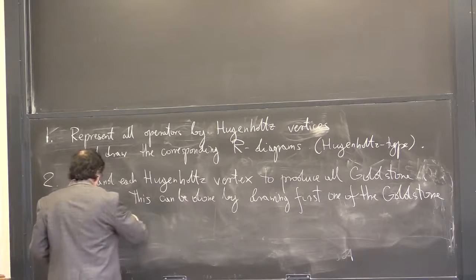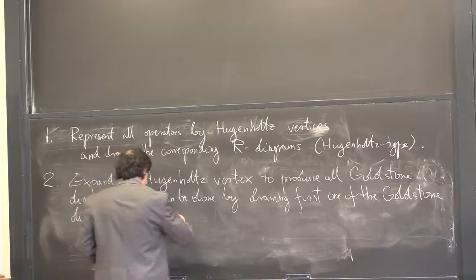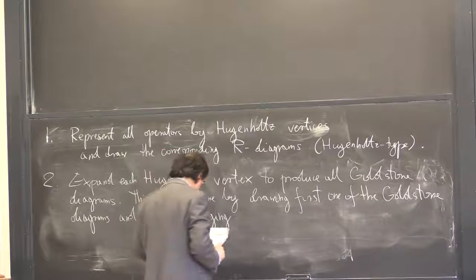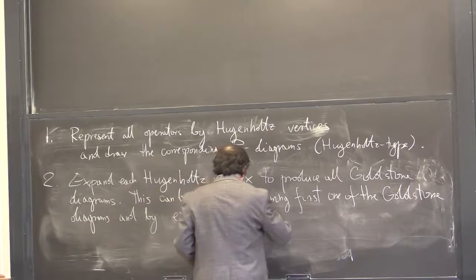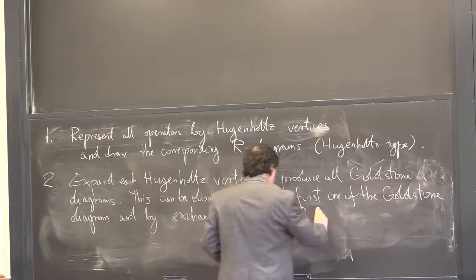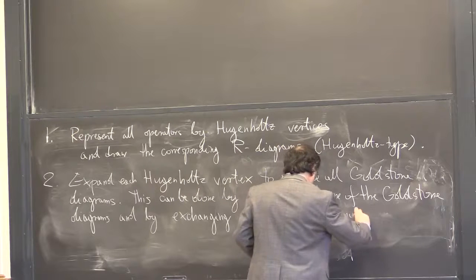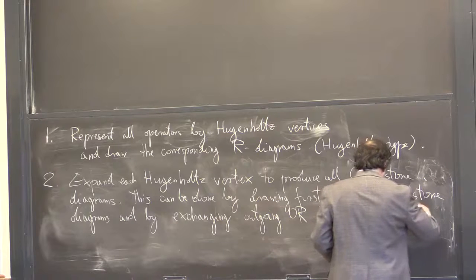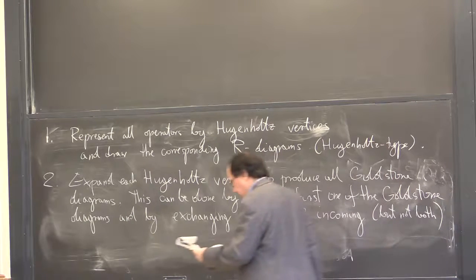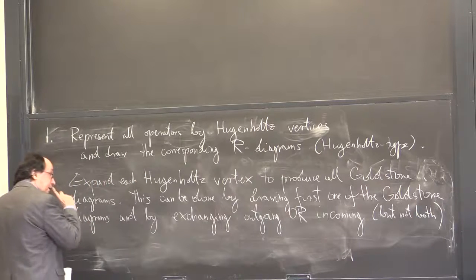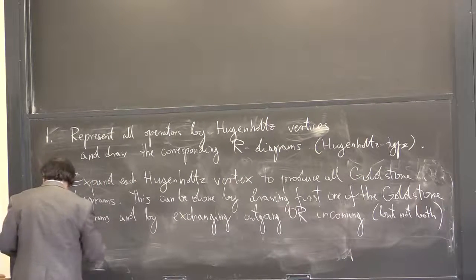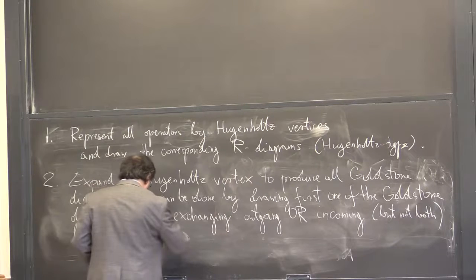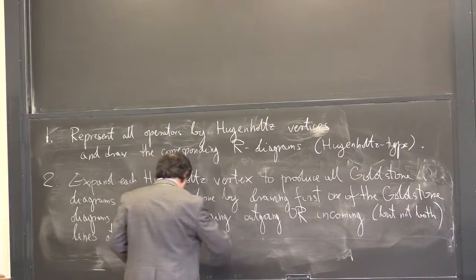and then by exchanging outgoing or incoming, but not both types, not both, so by exchanging outgoing or incoming lines at each Goldstone vertex.